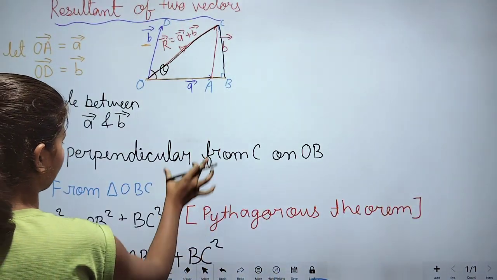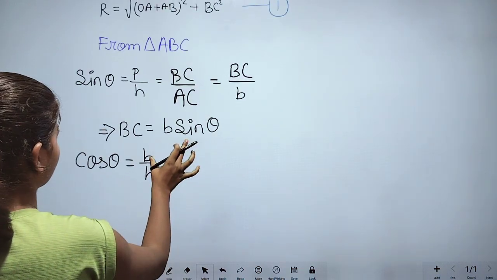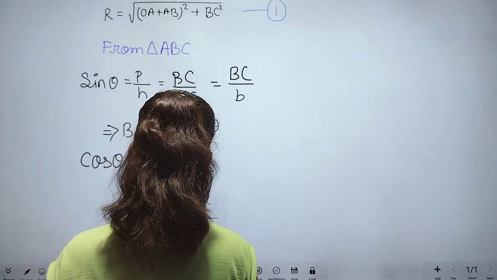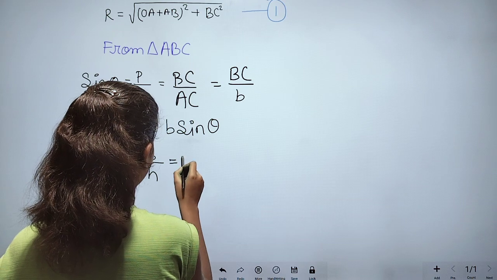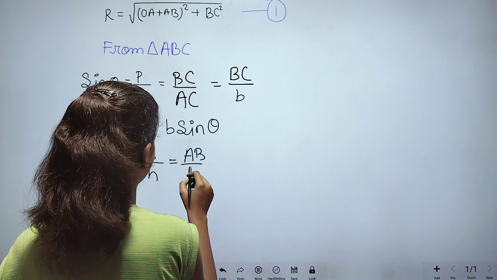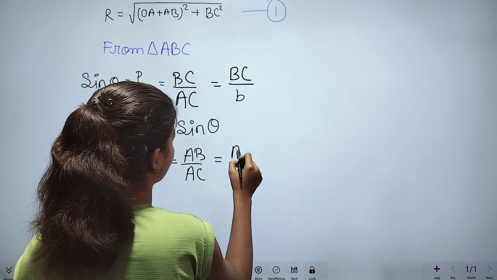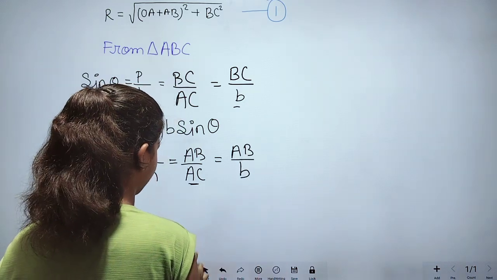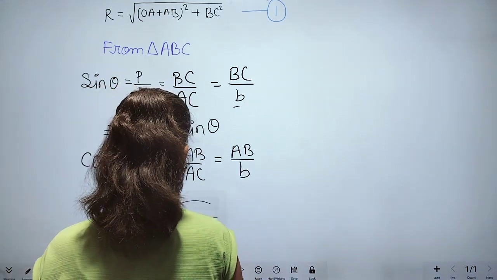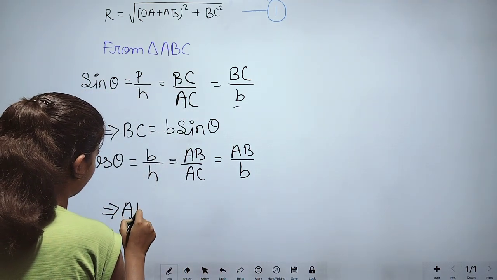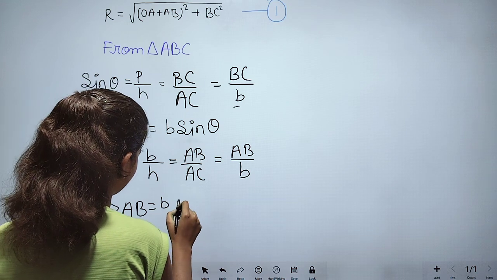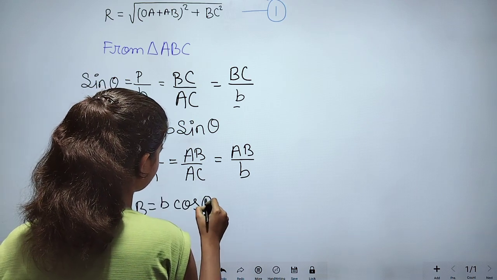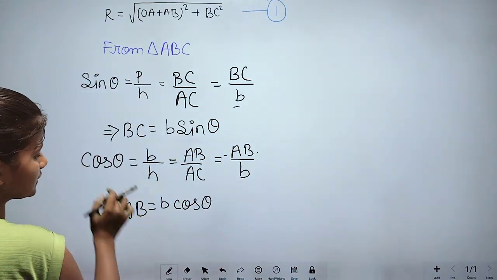So cos theta is equal to AB by AC, and AC is equal to B. Now AB is equal to B cos theta.